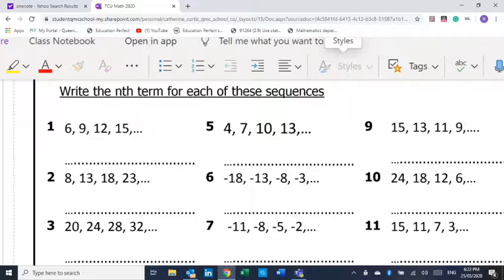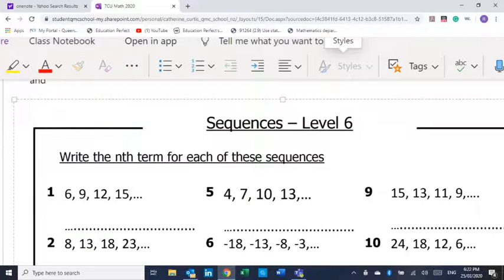So here, for example, number 9, we have 15, 13, 11, 9. So this is a case where the pattern is decreasing. It's going down. The numbers are getting smaller.